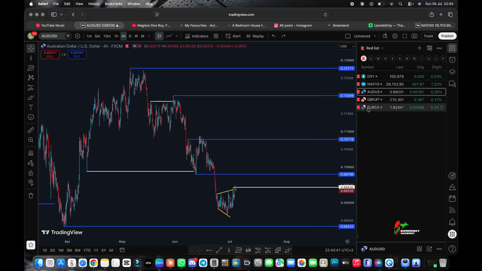So what does this mean for the Australian dollar, right? If we know that the US dollar will be gaining strength, and it's being paired with this, because this is a pair, you would either be buying this in anticipation that the Australian dollar will be gaining value and the US dollar will be losing value.